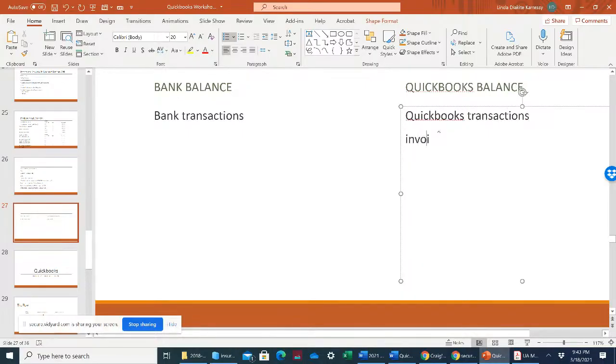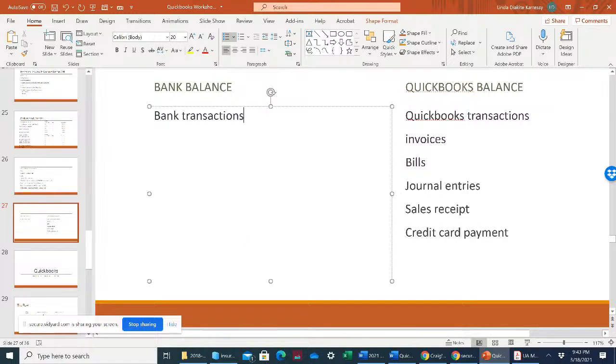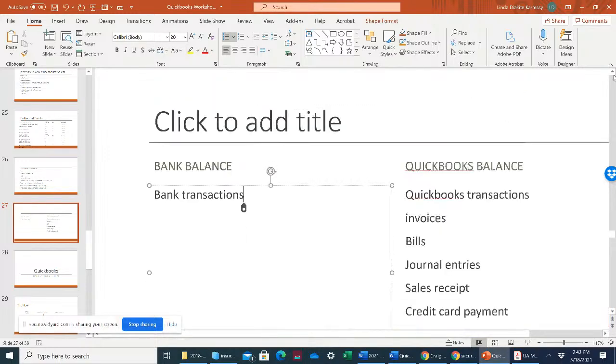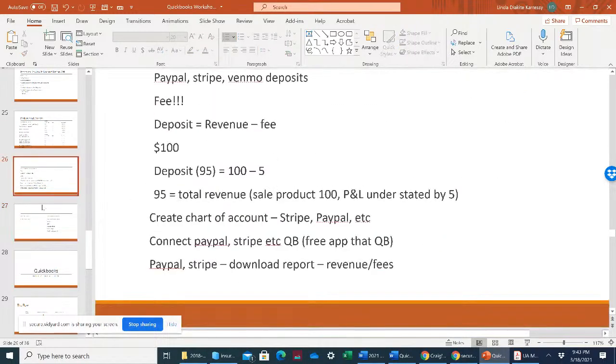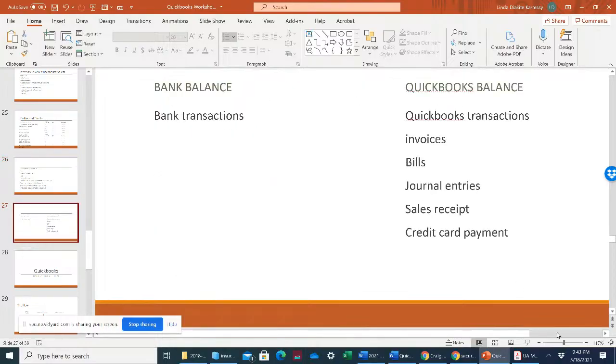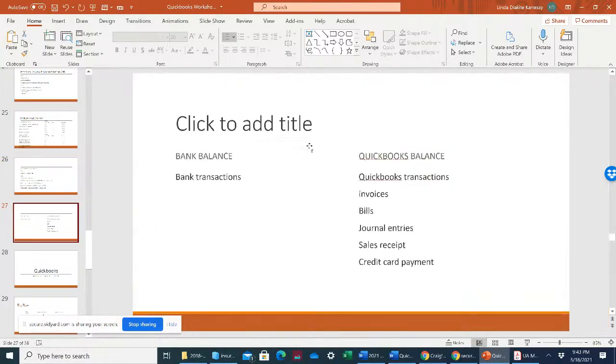So this can be invoices, this can be bills, this can be journal entries, this can be sales receipts, credit card payments. So that's it. Let me make this a little bit smaller.